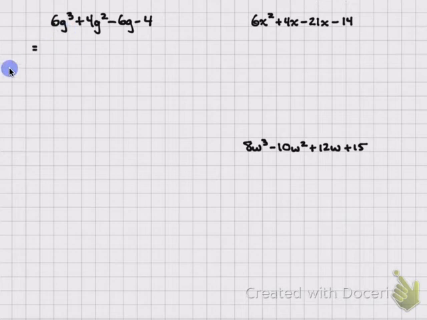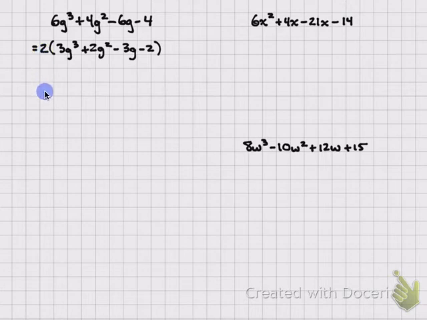And we're going to rewrite this as 2 times the quantity of 3g to the third plus 2g squared minus 3g minus 2. Now, common factors are a bit of a pain with this specific type of factoring of these 4-term polynomials. So what's going to happen is we're going to carry this 2 down every single step.